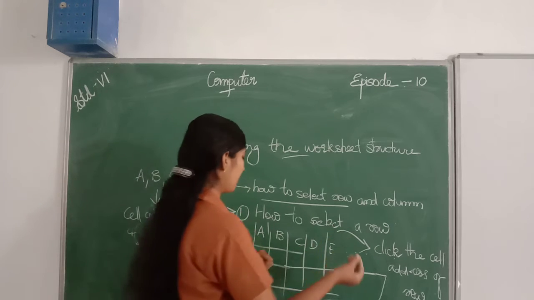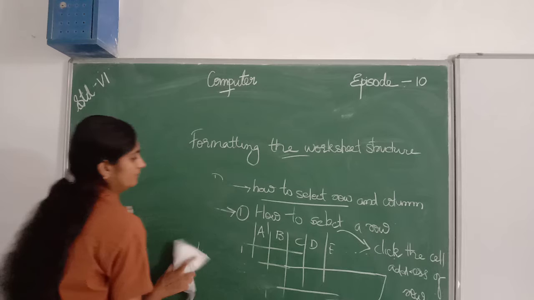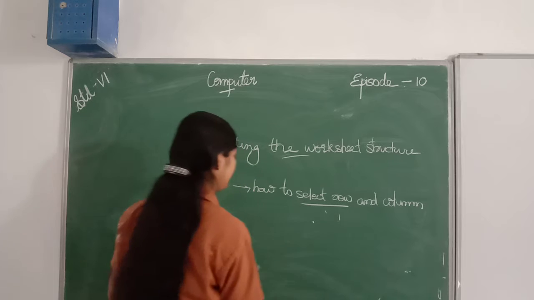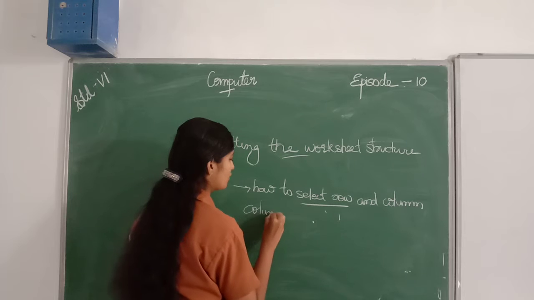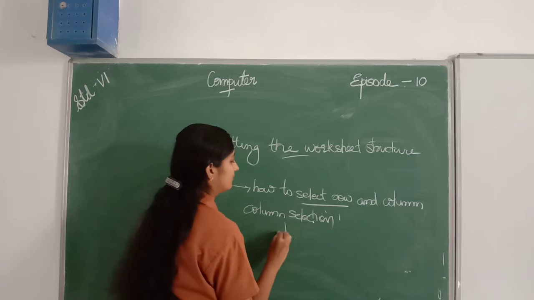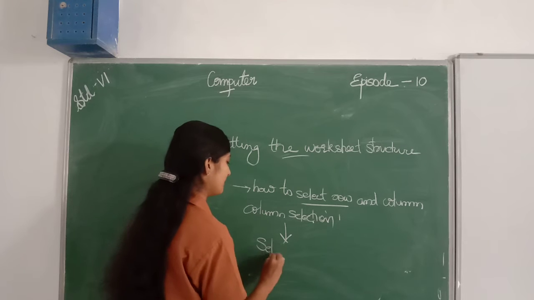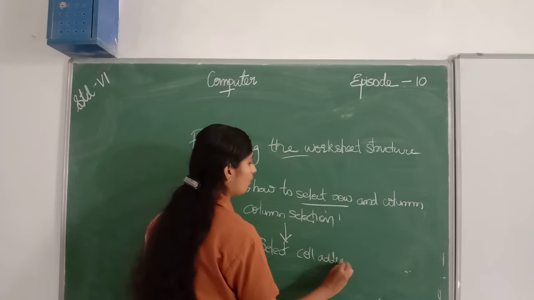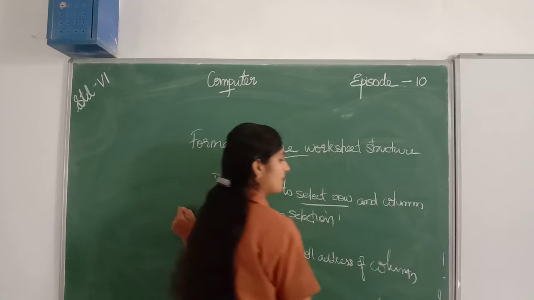So column selection means just select the cell address of column so that the whole column will be selected.